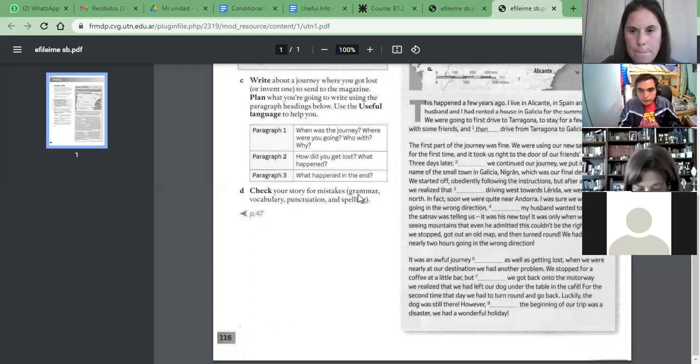In number 7, I put as soon as. As soon as we go back into the motorway, yes, it's okay. And where did we say that we used as soon as? In number 5. As soon as we stop, got out.